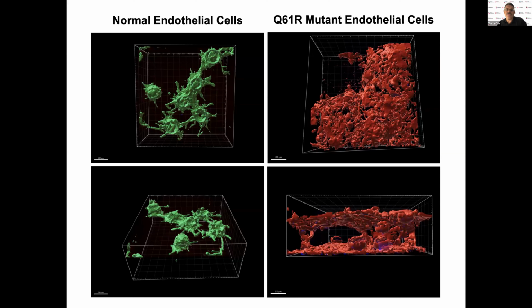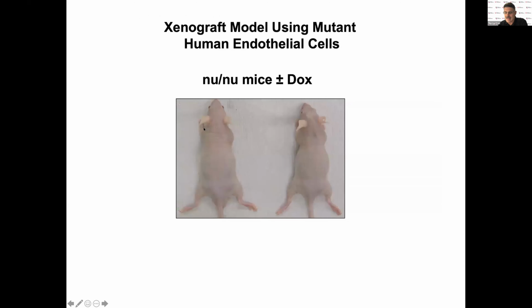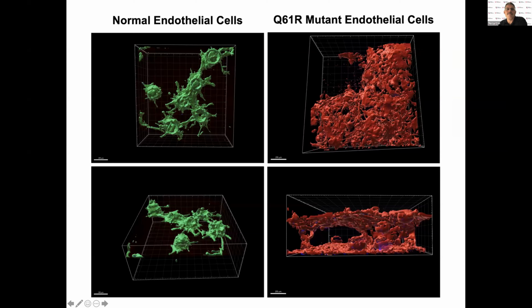So these are some beautiful pictures that were generated by another investigator here at Cincinnati Children's, Dr. Sandra Schenk. What she did here was she took glass beads, and the normal cells here are colored in green, and she put the normal cells onto these glass beads so that they grow on the surface of these glass beads, and then she embeds them into a fibrin gel in a Petri dish.